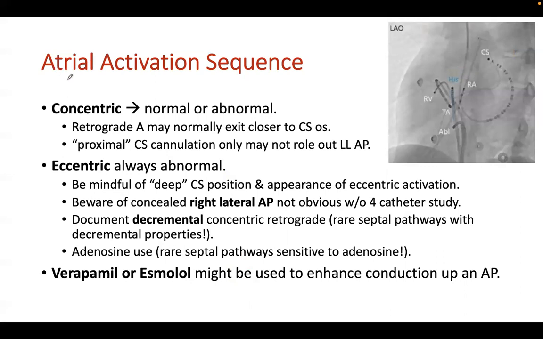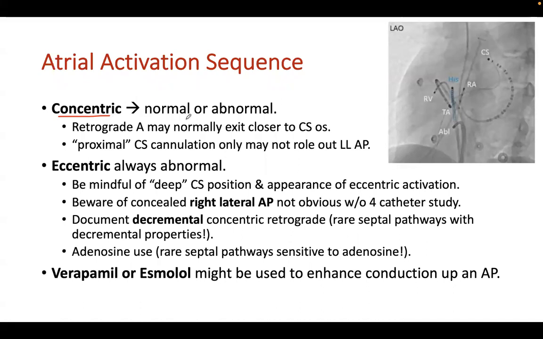Again, when you V-pace, you want to see whether there is atrial activation, one-to-one, whether there is retrograde conduction. If yes, how does it look? Concentric, like we said, is when you see the earliest A usually at the HIS, then proximal CS, then distal CS, then late in the RA. However, this finding may or may not be normal.